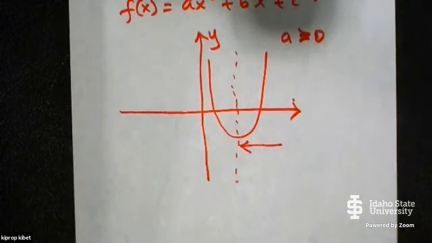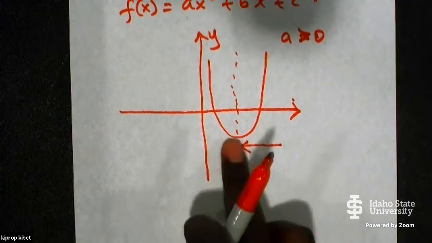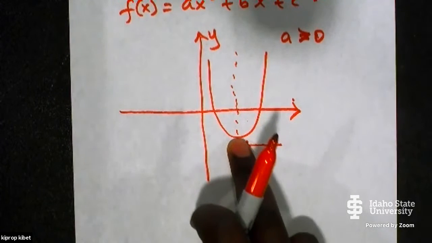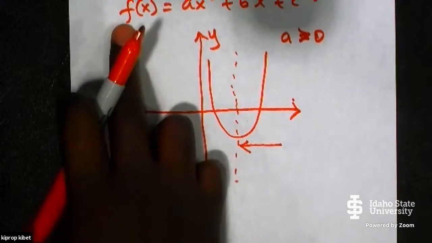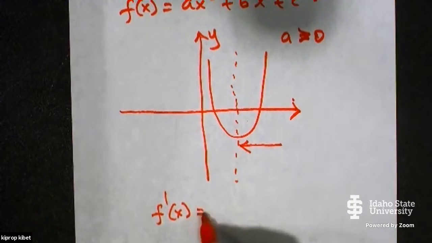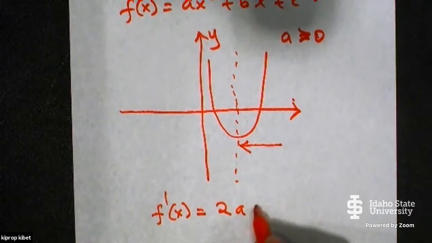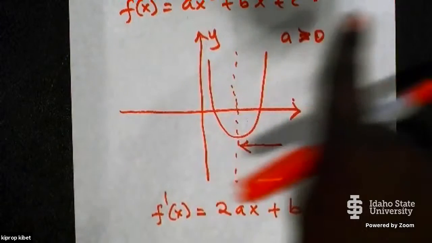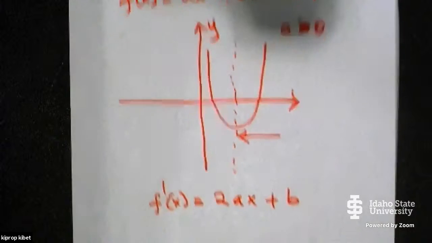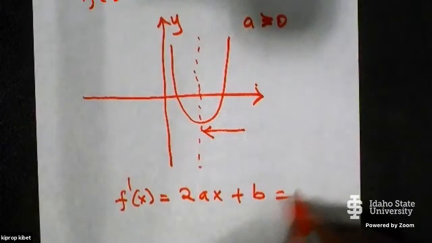To get the axis of symmetry, I don't want us to go so much into that. What we usually do is, at this point over here, the value of y is equal to 0. That means you find the derivative of f of x, which is 2ax plus b, because I don't know whether you've done calculus. So this is equal to 0.